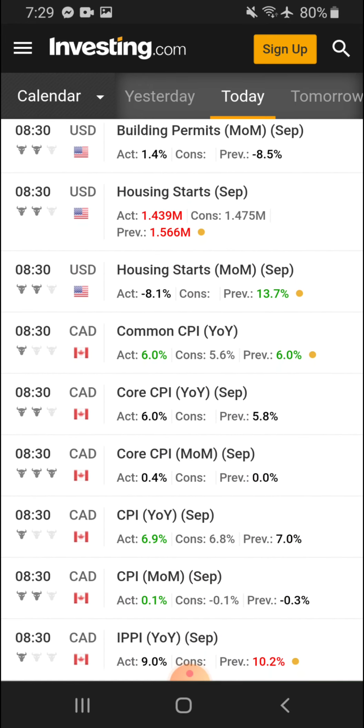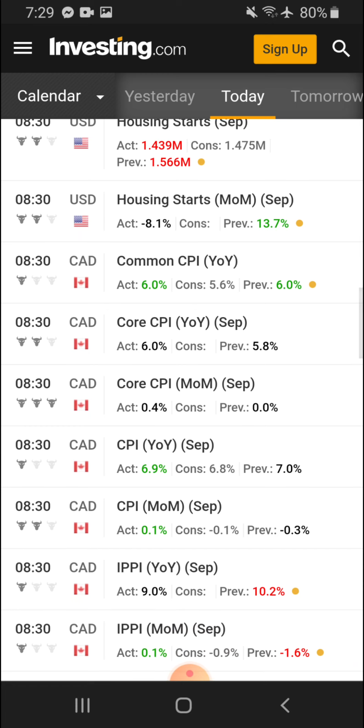Canada had core CPI. Oh, they did. Okay, so that was slightly higher month on month, not good, but lower year on year, which is good. That means inflation's still going down year on year for Canada. That means groceries and stuff would be getting cheaper, not very much, but by 0.1%.